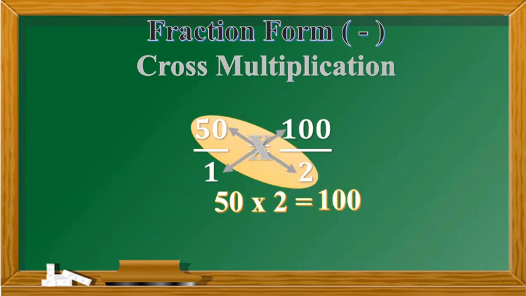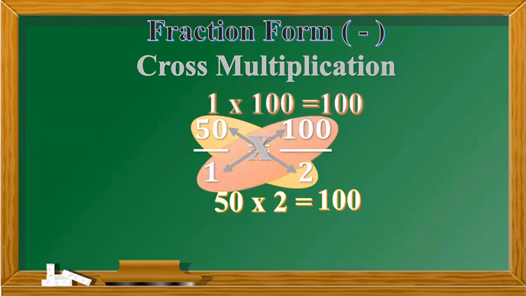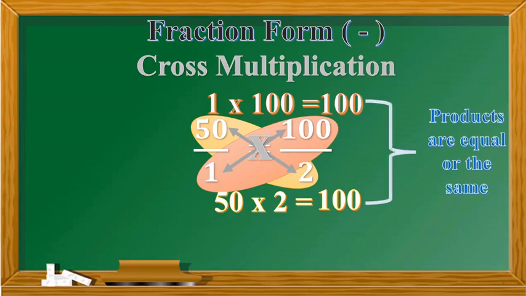Then, multiply the denominator of the first ratio, which is 1, to the numerator of the second ratio, which is 100. Now, we can say that the two ratios are proportion because their products are equal or the same. Now, from these two ways of getting two ratios if the products are proportion, we can define and describe what is proportion. You got it right!